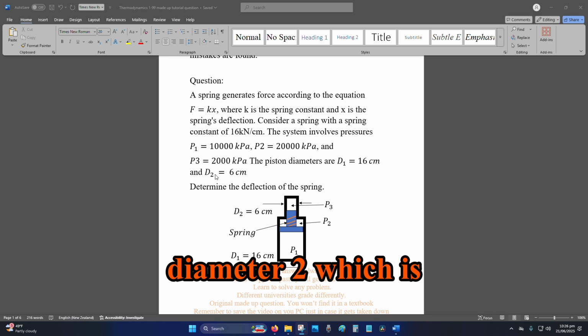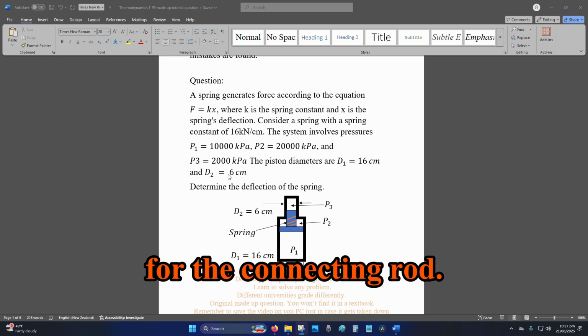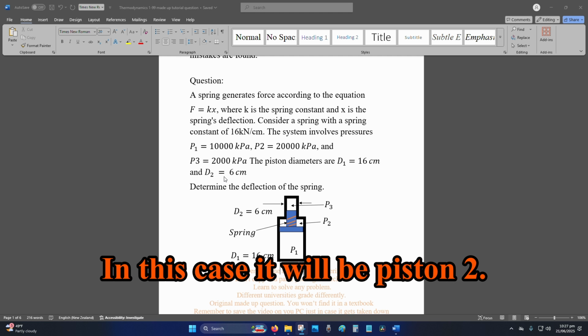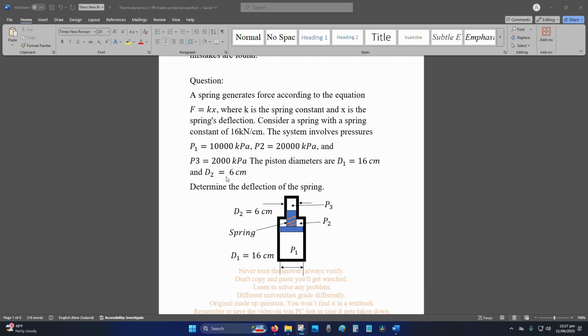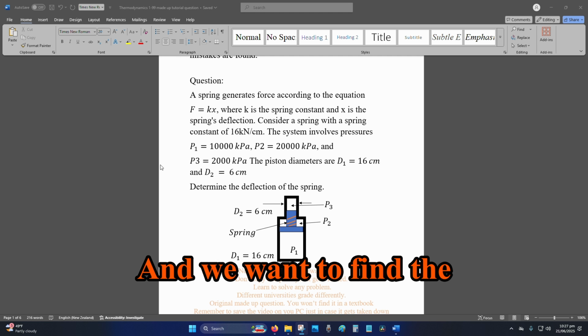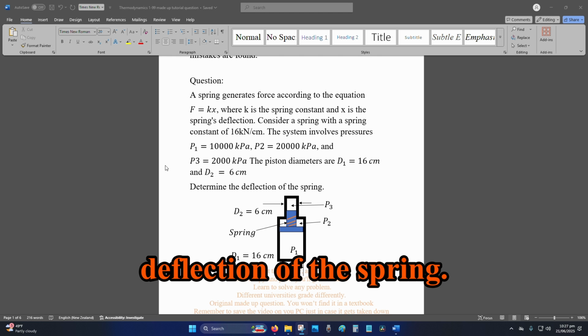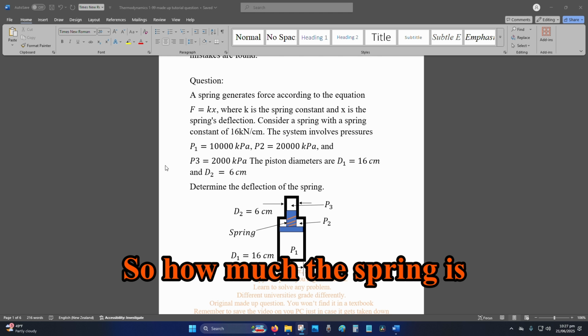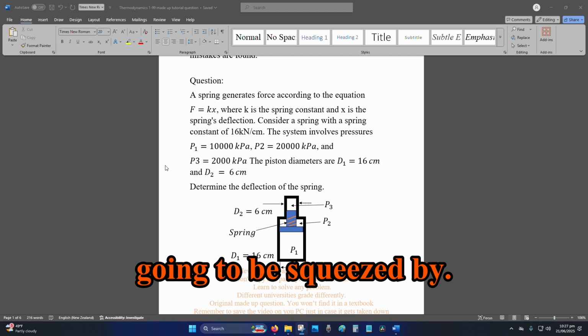And we've got diameter 2, which is for the connecting rod. In this case, it'll be piston 2. And we want to find the deflection of the spring, so how much the spring is going to be squeezed by.